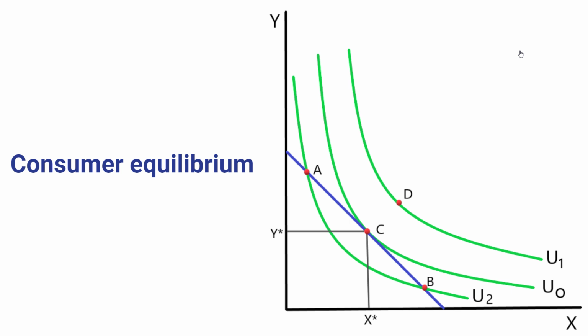Now, if we look at point A, one question we can ask is, are there any points that we can afford that would make you happier than you are at point A?